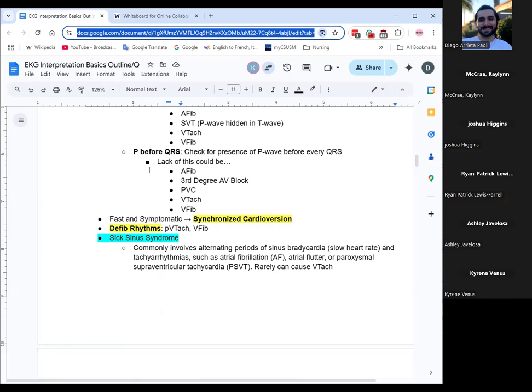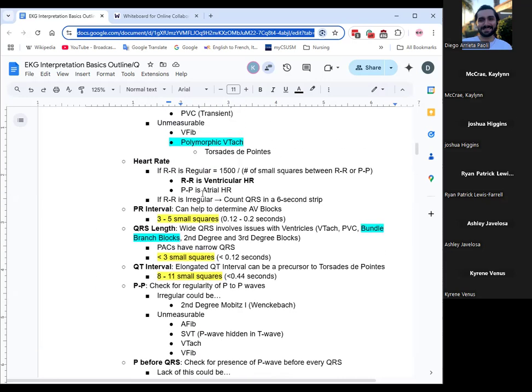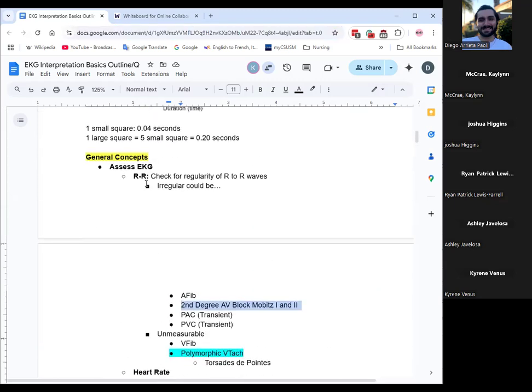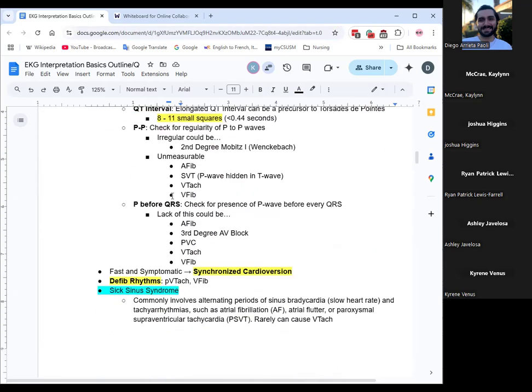Your third degree AV block actually has both the P to P and the R to R regular. So by themselves they are regular, but they don't interact with each other. And in terms of the AV blocks, your first degree is also going to have a regular ventricular heart rate. It's only really the second degrees that have irregular R to R.